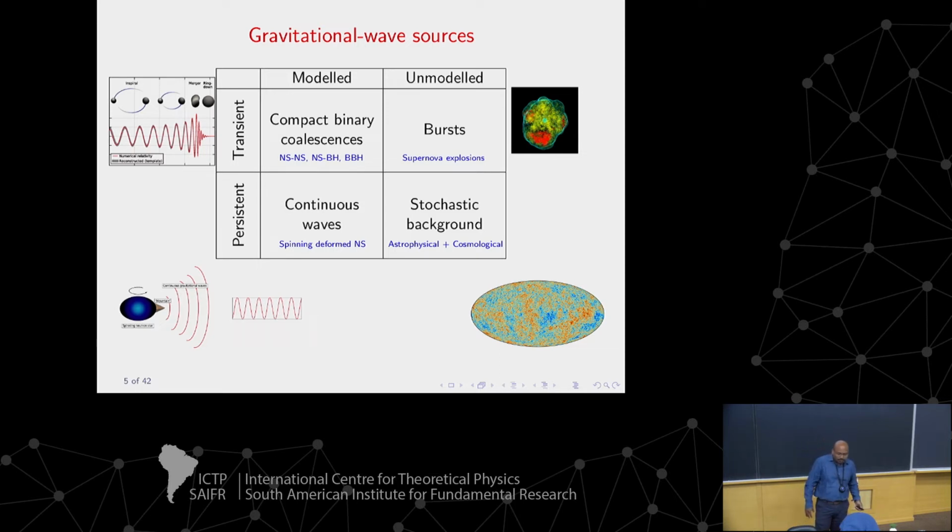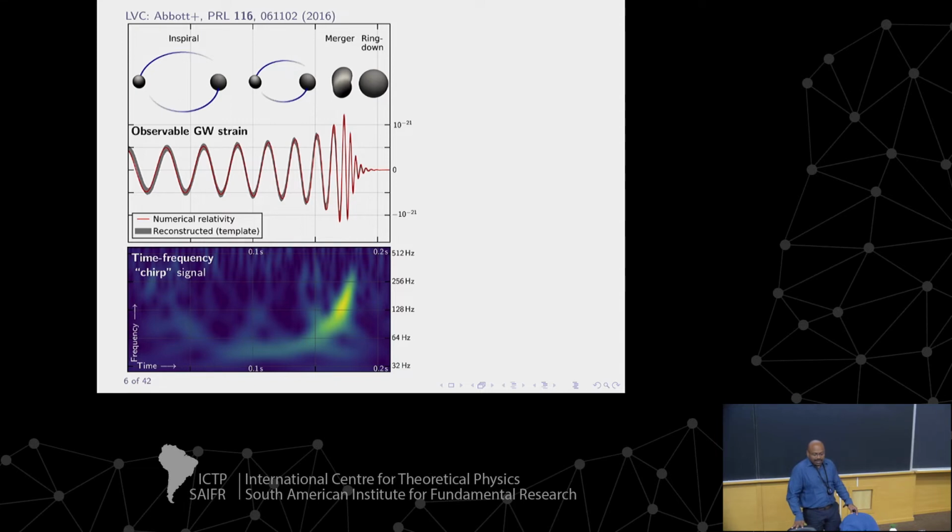So these compact binary mergers are the last stages of the merger of a binary that has probably been in its orbit for millions of years. As it has been going around, it's been radiating gravitational radiation.